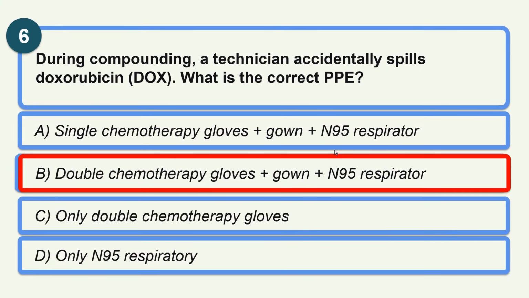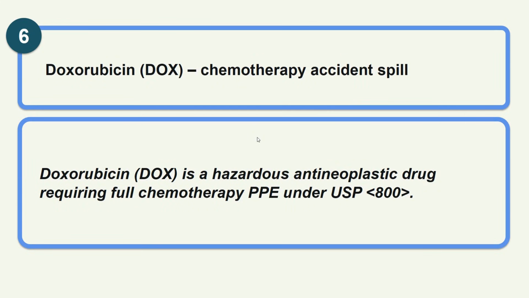Doxorubicin is one of those chemotherapy drugs, which is also regulated under USP 800.